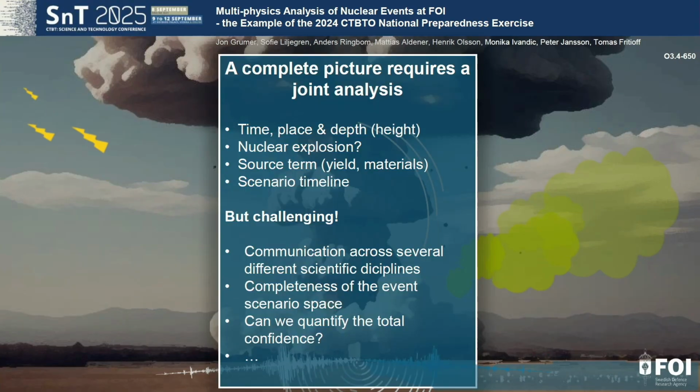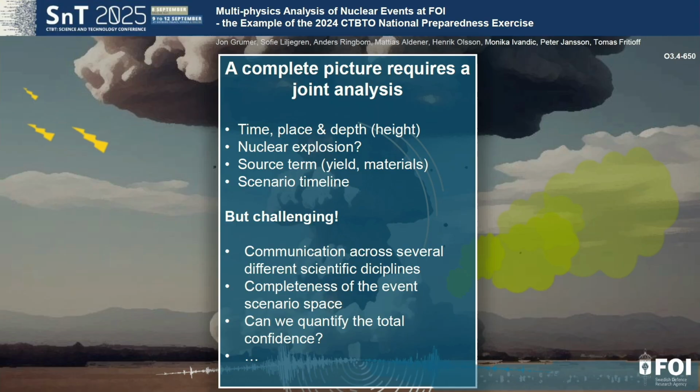So, in order to do your best analysis of a given nuclear event, you need to include all these different technologies to your best ability in order to work out the fundamental information about time and place, the depth or height if it was an atmospheric event, and you need to be able to reliably answer the question whether or not a nuclear explosion has occurred. Now this is from an NDC perspective.